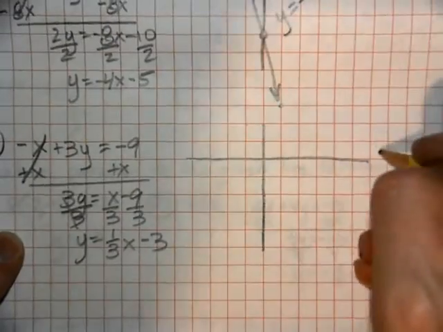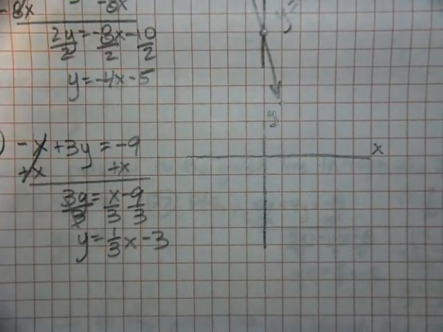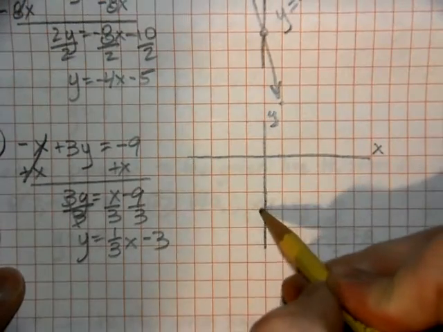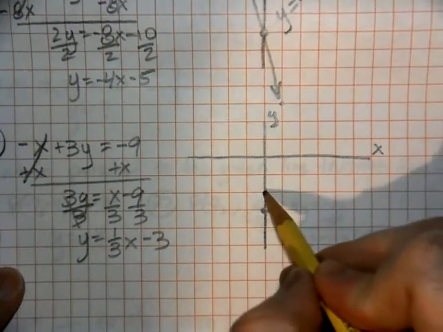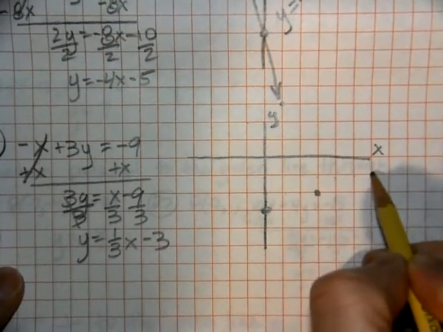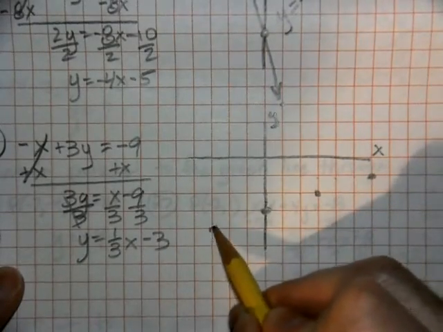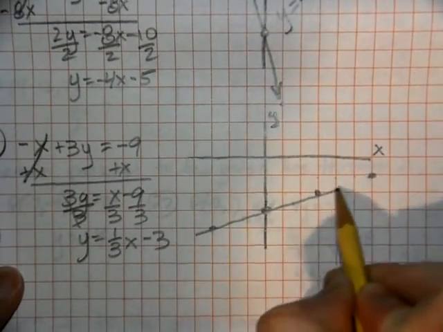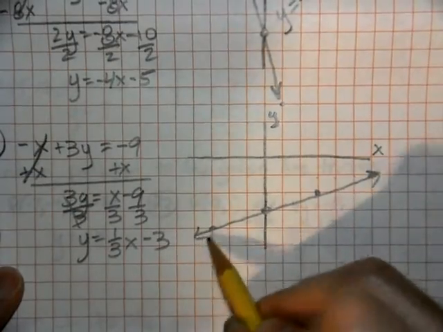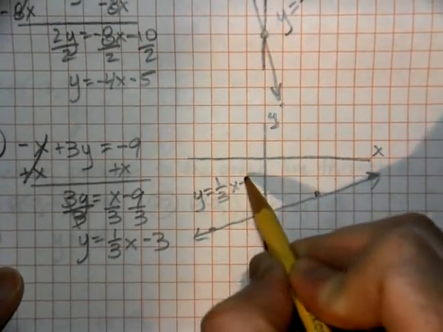So again, we've got our xy axis, just kind of using the lower portion of this xy axis. We're going to cross at negative 3 and have a slope of up 1 over 3. You can also go down 1, backwards 3, and write the equation of the line on the graph.